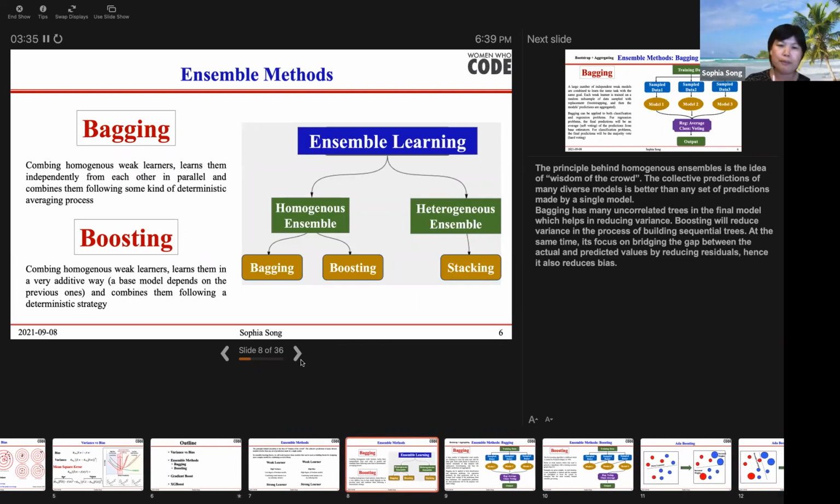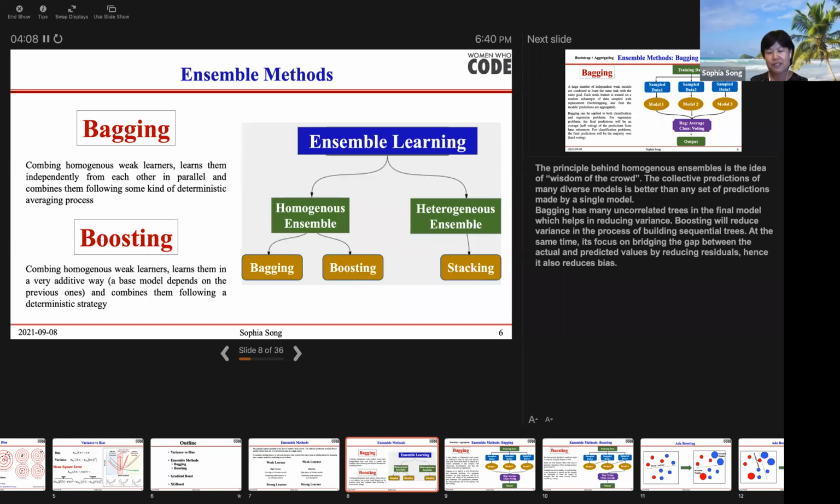For the ensemble method, we usually have two categories: homogeneous ensemble and heterogeneous ensemble. In a heterogeneous ensemble, we usually stack weak learners like the linear regression model, support vector machine, or decision tree together to convert them into a strong learner.